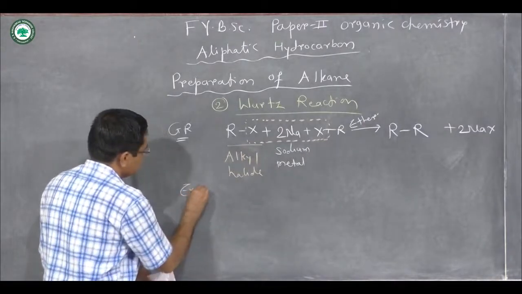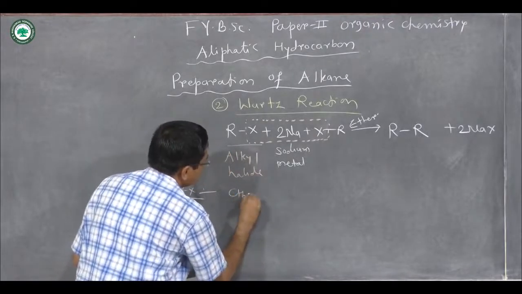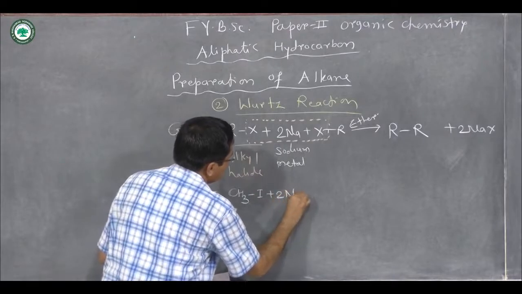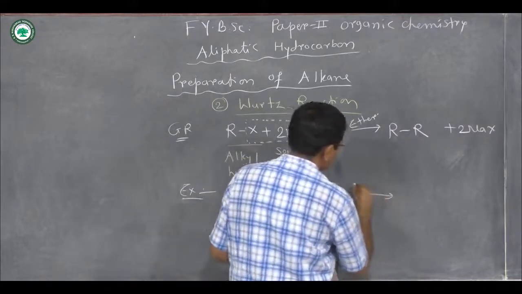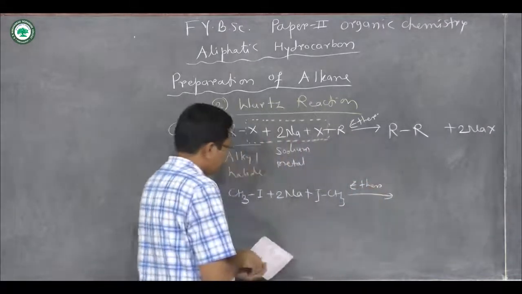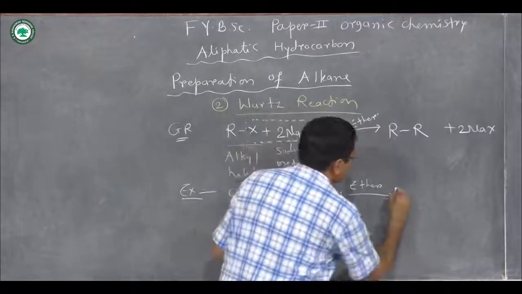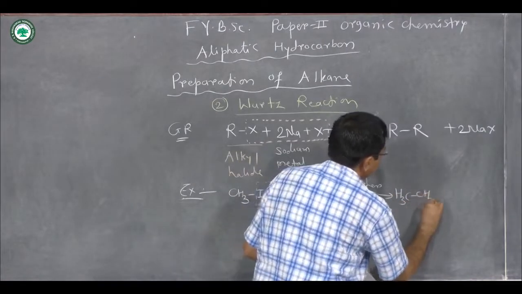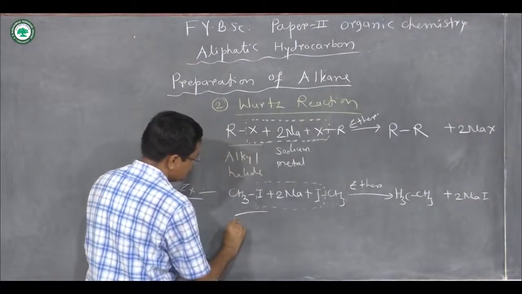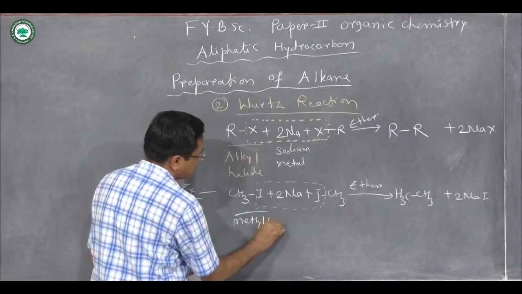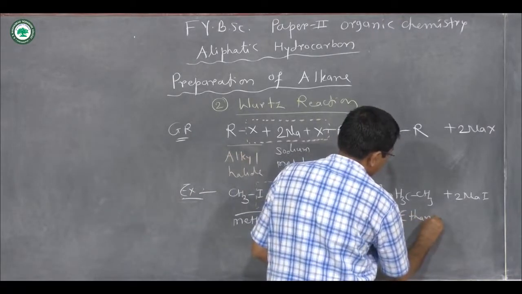Example: in presence of ether, this is methyl iodide and it forms ethane.